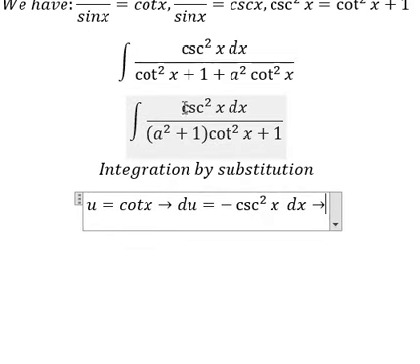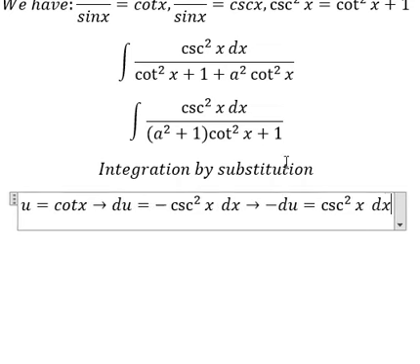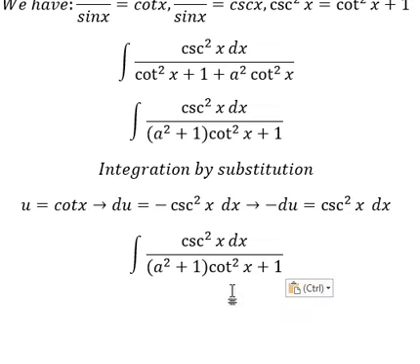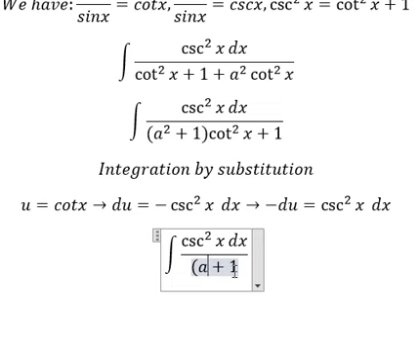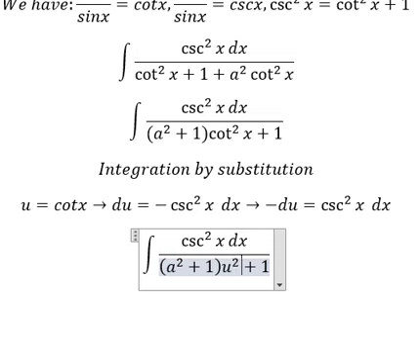Because we don't have the negative in here, so I will put this one to the left. So this one we change for u, and we got u squared. This one we change for negative du.